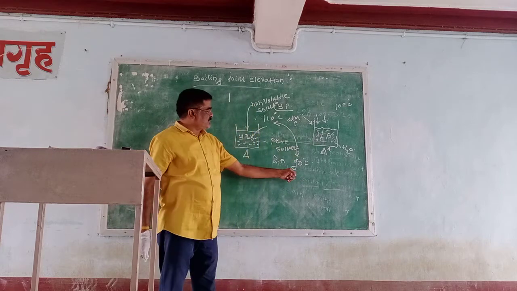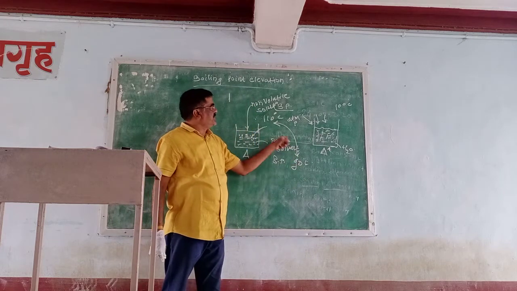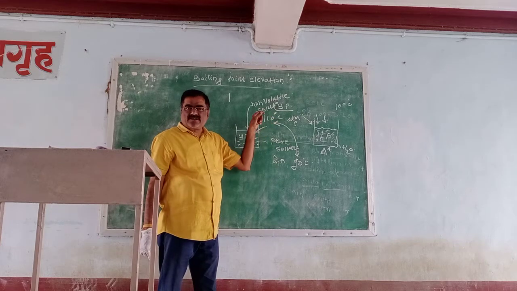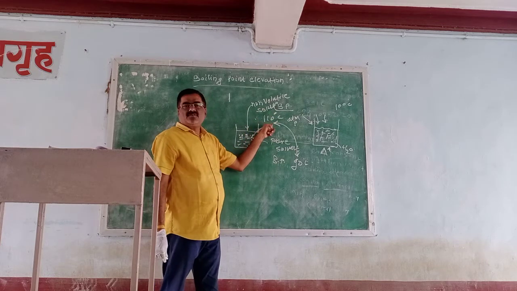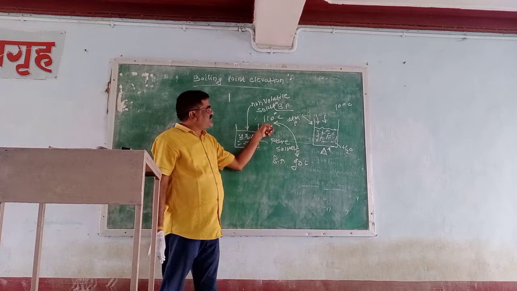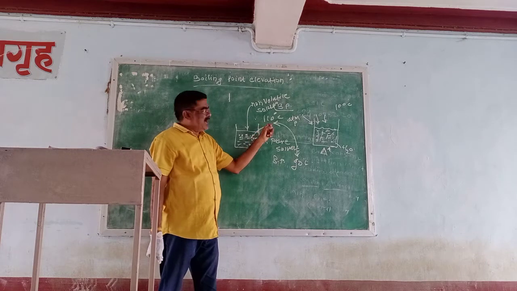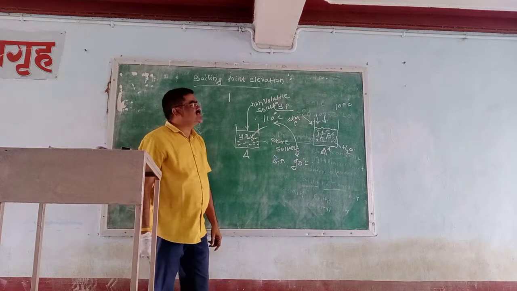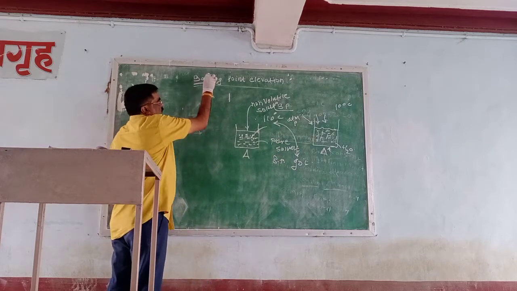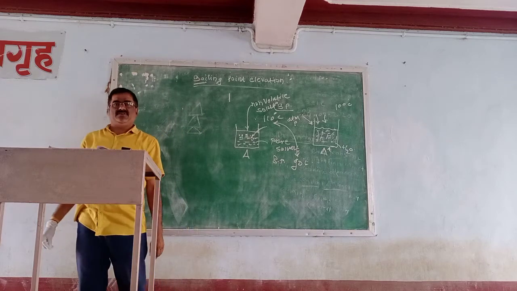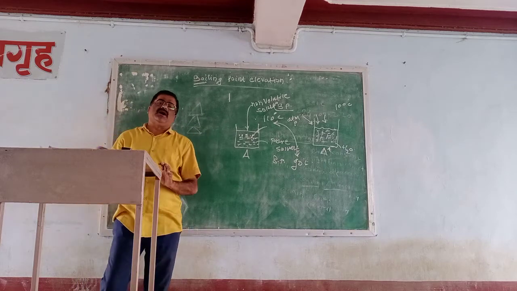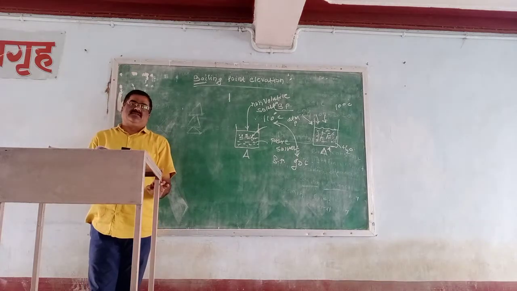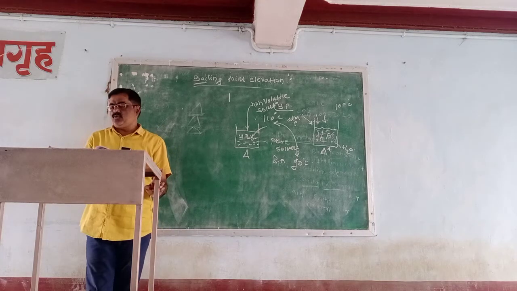Here, the boiling point of the pure solvent is 90 degrees, while the boiling point of the solution is 110 degrees Celsius. And that difference is the elevation of boiling point. Now, दोन्ही मधला जो फरक जो आहे, that difference is called the elevation of boiling point.